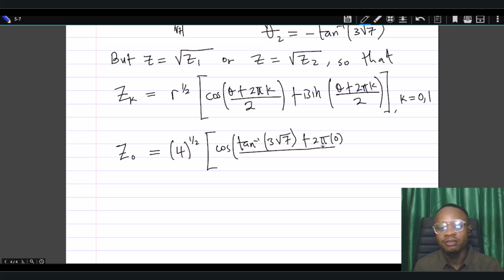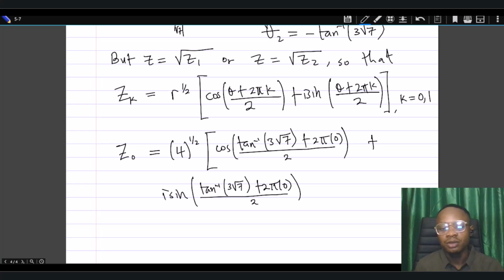Then we divide all of this by 2. Then we do plus i multiplying the sine of the tan inverse of 3 root 7. So let me write this on another line. So this is going to be plus i multiplying sine of the tan inverse of 3 root 7 plus 2 pi into 0, then divided by 2. So we close the bracket and close the bracket.